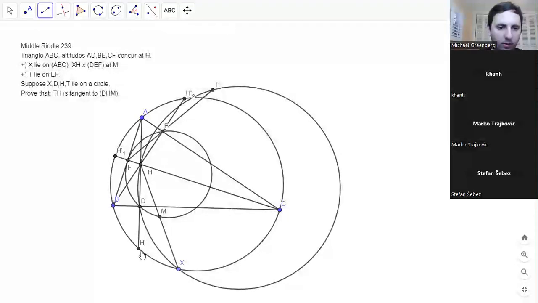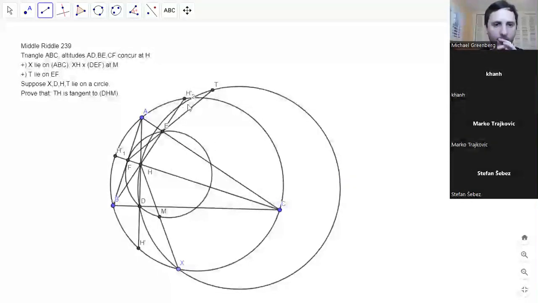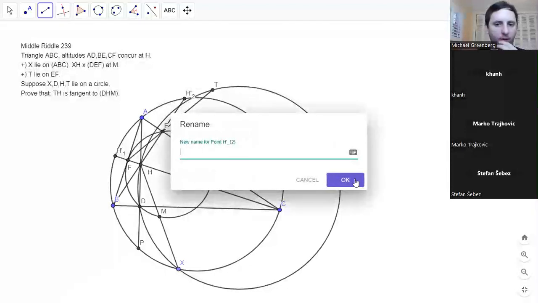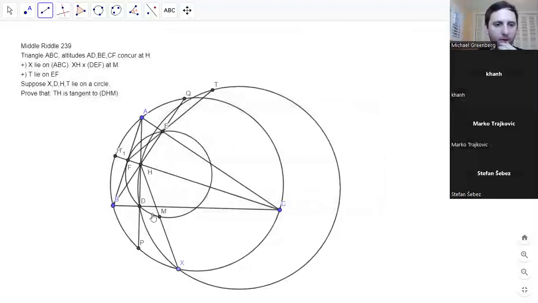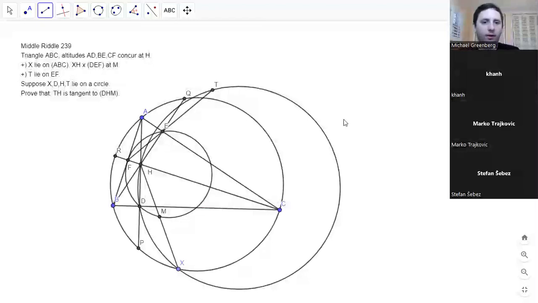And call it PQR. So we want to show TH is tangent to this circle, THM.